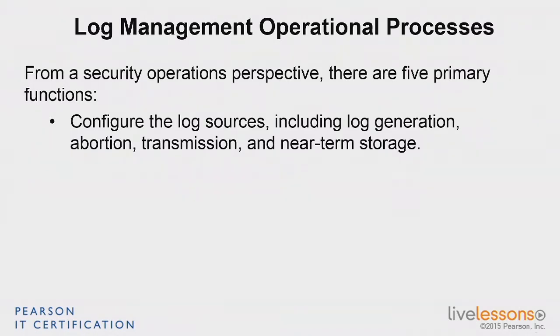Abortion is if there's not enough room for the logs anymore, so meaning that logs can't be captured or activity can't be recorded, what does the system do? Does the system terminate activity or does it continue operating? Transmission is how are we transmitting the logs from their original source to your collection point? And then near-term storage, once we've transmitted the logs, where are they staying or where are they being stored?